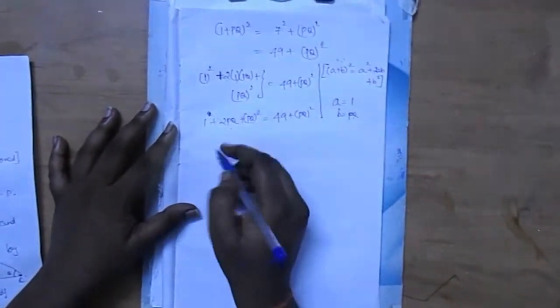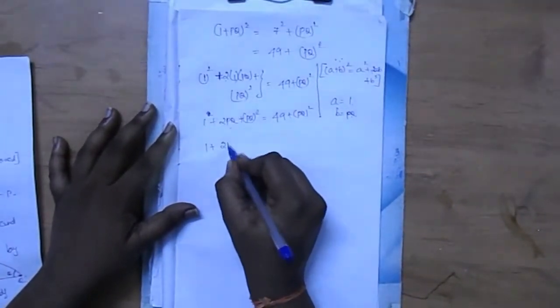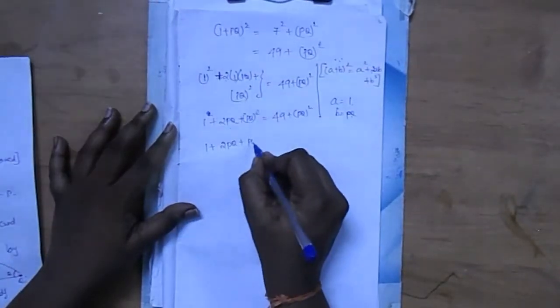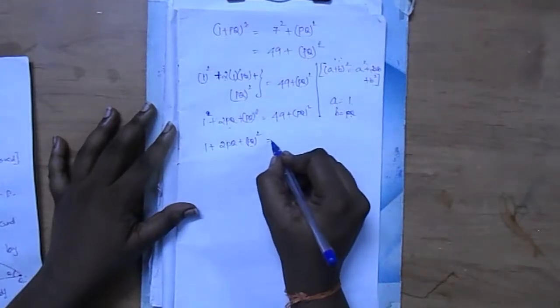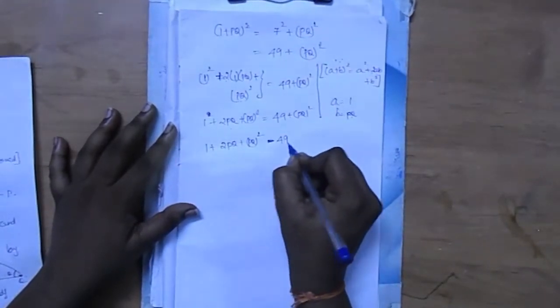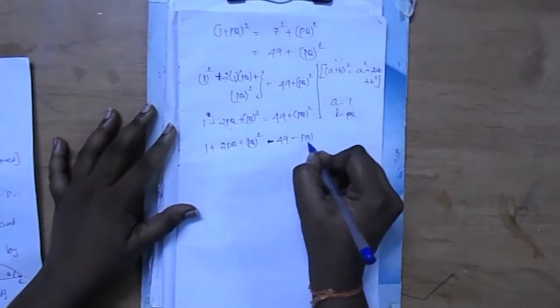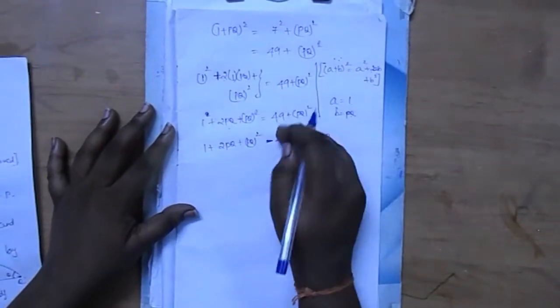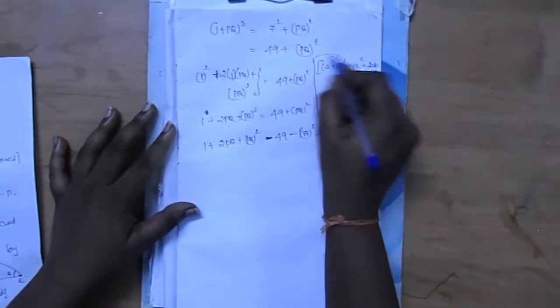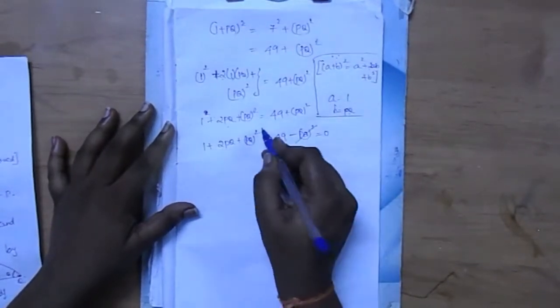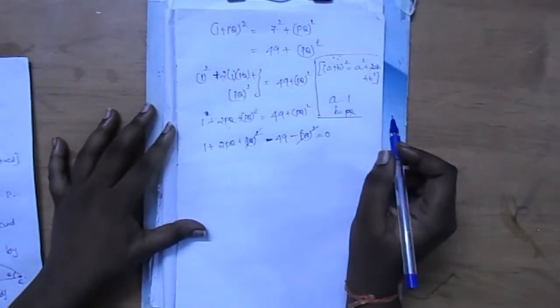So, on one side: 1 plus 2PQ plus PQ square minus 49 minus PQ square equal to 0, because the other side is converted to negative. Next, minus PQ square plus PQ square can be cancelled.